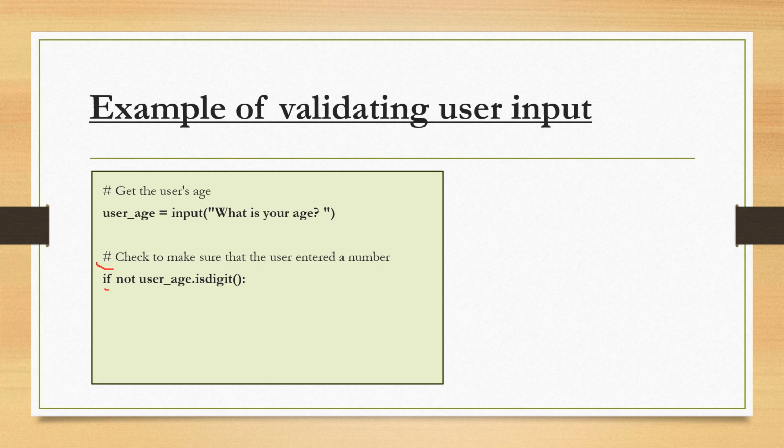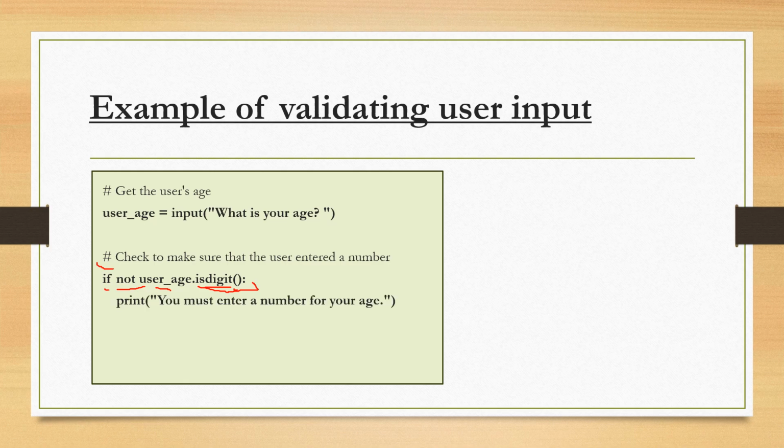So, if not user_age.isdigit(), we are going to check whether user age is digit or not. isdigit is an inbuilt function, and this is the dot operator. We write isdigit with brackets, so it will check whether the input is a number or not.